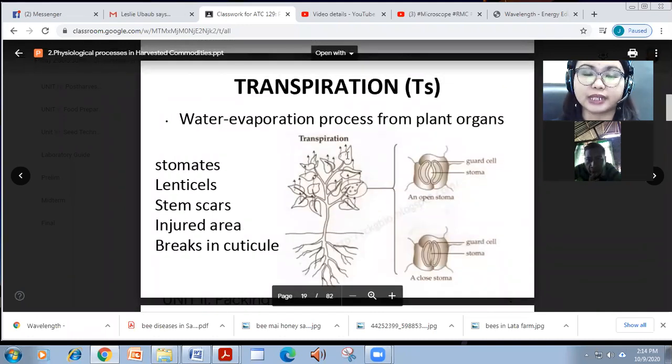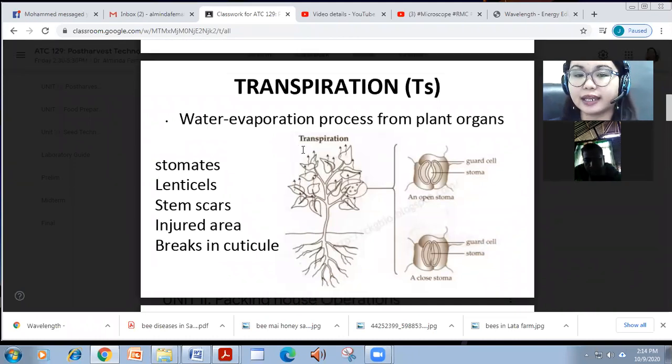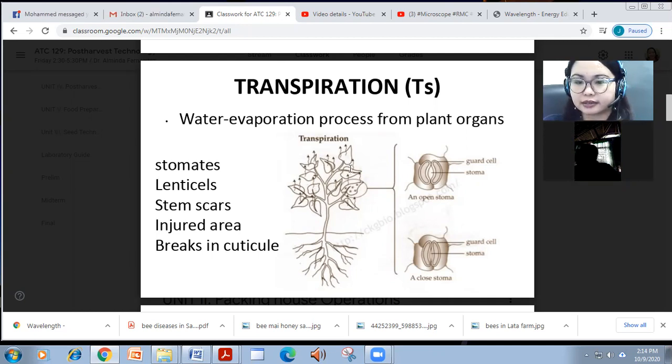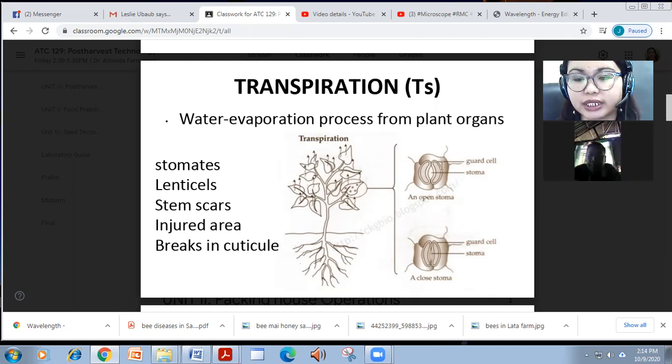if you remember, transpiration is actually a water evaporation process in plants, or a water evaporation process from plant organs. As shown here in the figure, you have the plant, wherein you can see the cell parts. This is to differentiate an open and closed stoma.